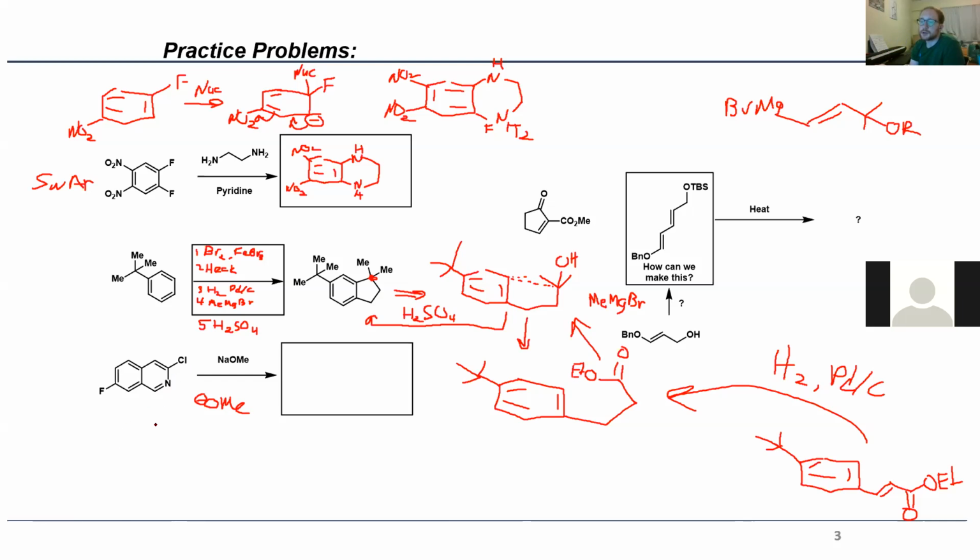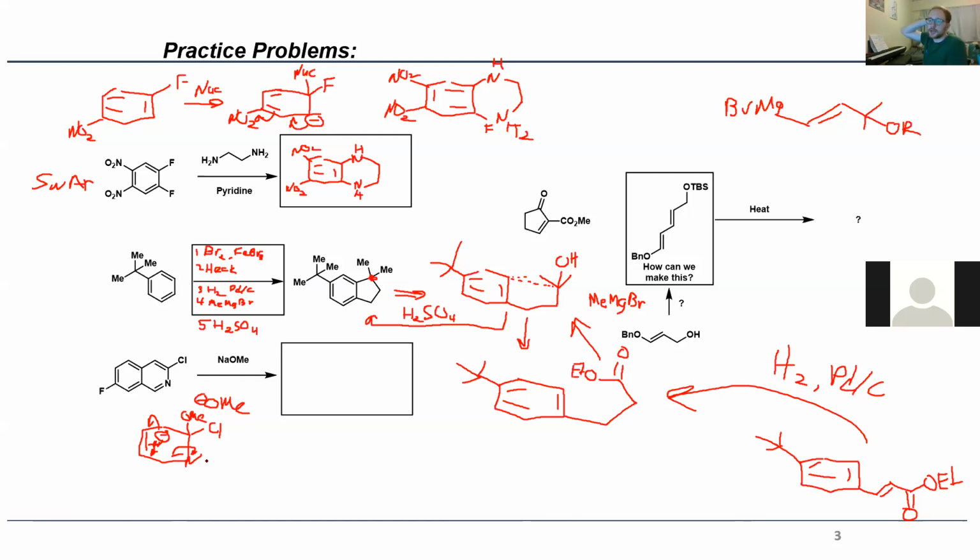And so the negative charge in the Meisenheimer complex, I'm going to abbreviate the aromatic system here, can be delocalized onto nitrogen, which has the effect of essentially being an electron withdrawing group within the ring.